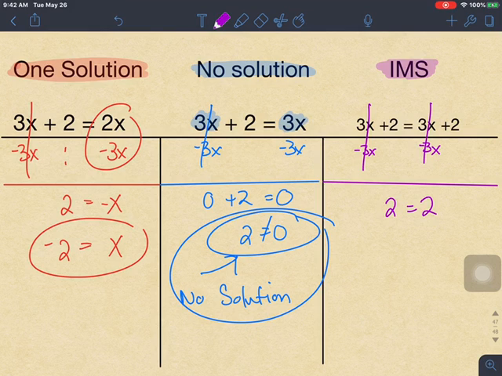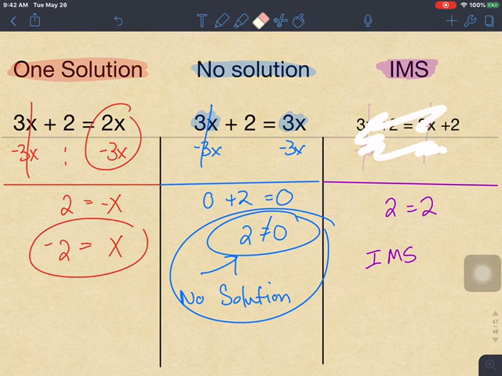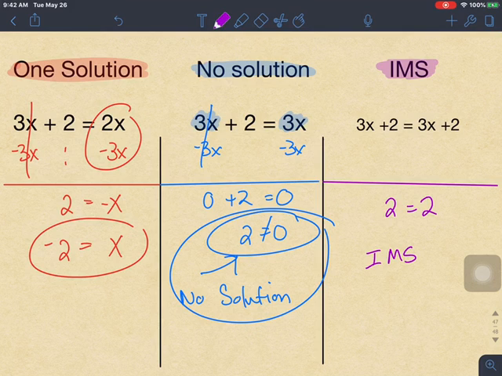So the answer to this is infinitely many solutions. I just say IMS, it stands for infinitely many solutions. And what that means is that any number I want to put in for x makes this true, right? So that gives you 5 equals 5. Yep. Any number you want to put in there makes it true.